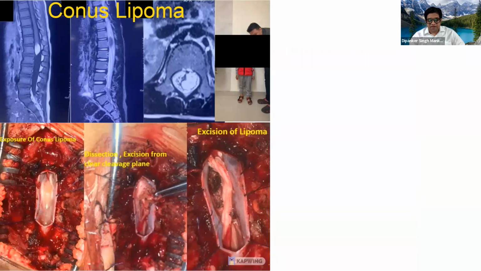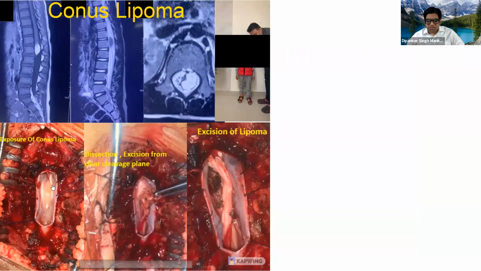This is a classical T1 picture, which is the first picture that gives you the valuable clues that it can be a lipoma. It was basically on the conus. You can see how nicely it has been exposed, and how dangerously close the nerve roots are to this lipoma.